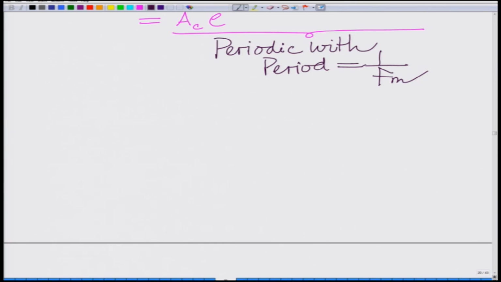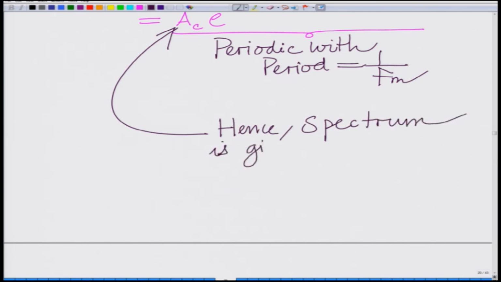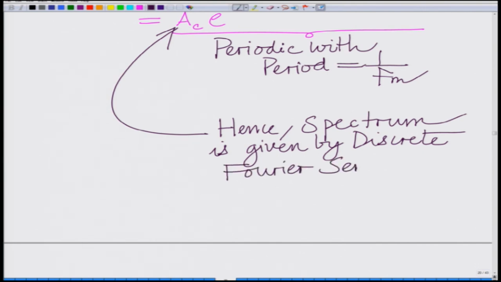Therefore, now we can find the spectrum. Remember that when we have a periodic signal, the spectrum is given by the Fourier series, the discrete Fourier series. Hence, the spectrum is given by the discrete Fourier series.